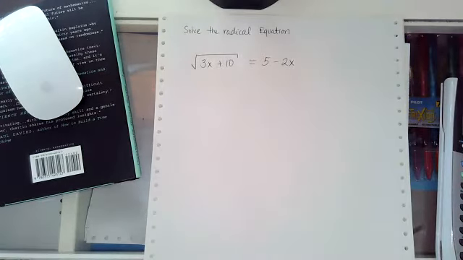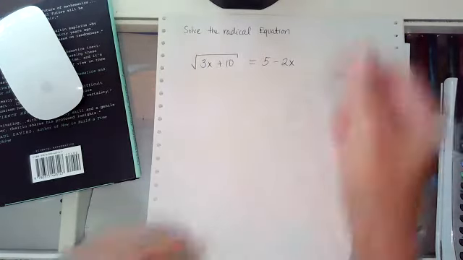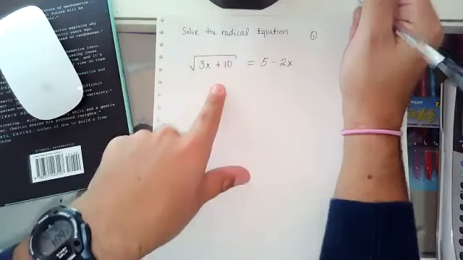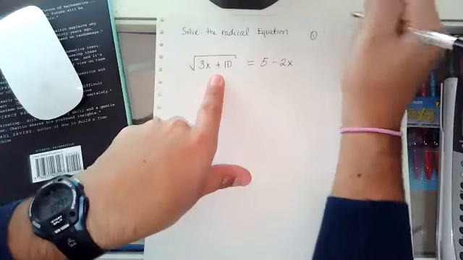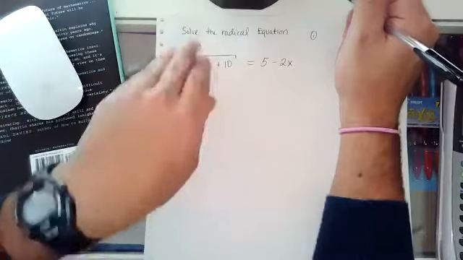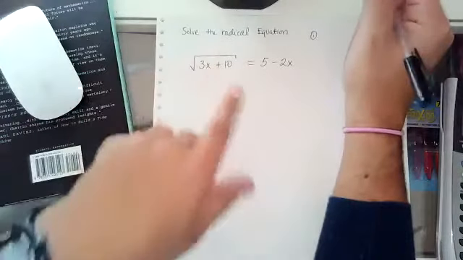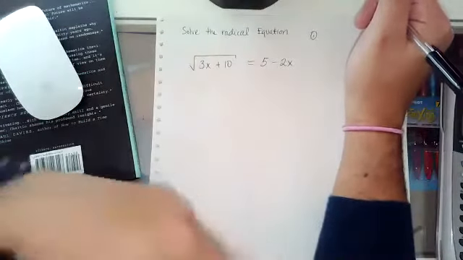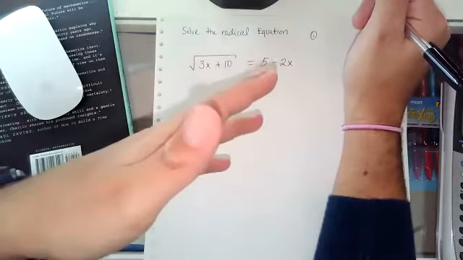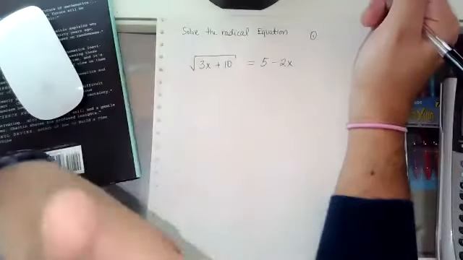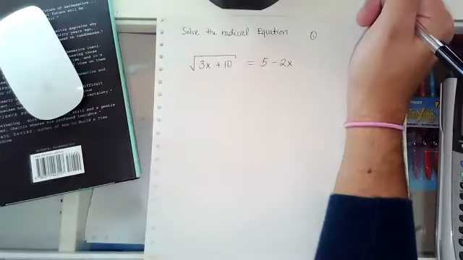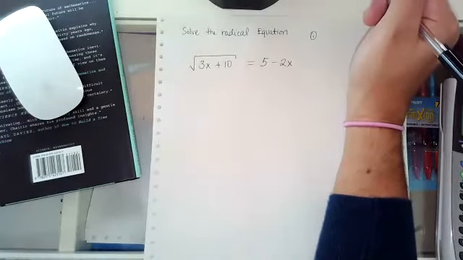When you're solving a radical equation, the first thing you want to do is make sure that this radical expression over here is isolated. Because once it's isolated, we can take the square of both sides of the equation to cancel out the square root. Now you might notice that I'm saying square and square root a lot, and they sound really similar. So if I'm going too fast or it sounds like a bunch of mumbo jumbo, just stop me, okay?